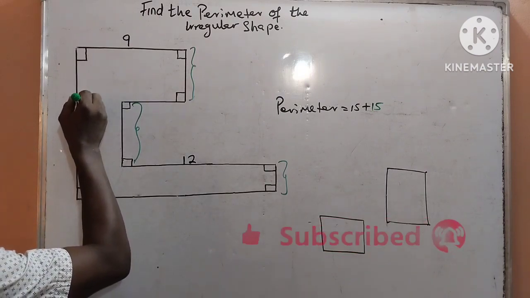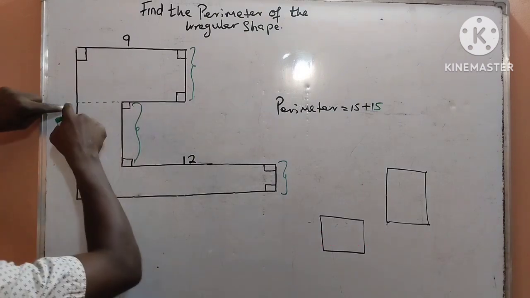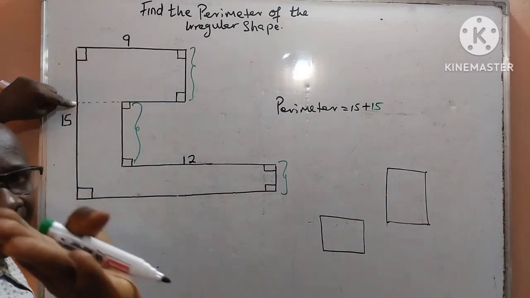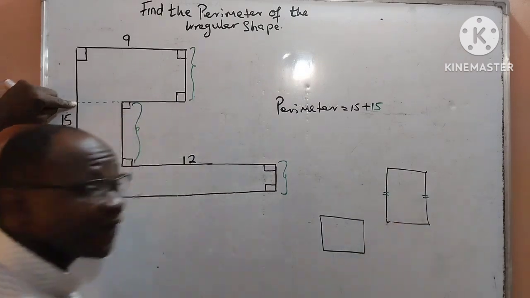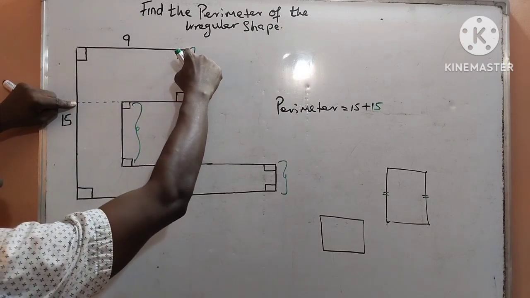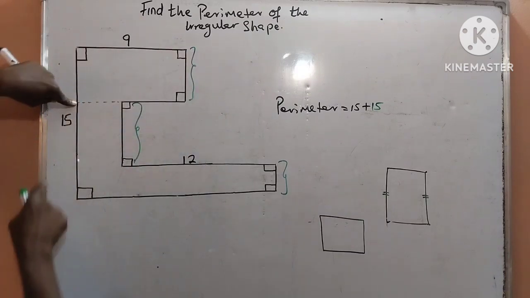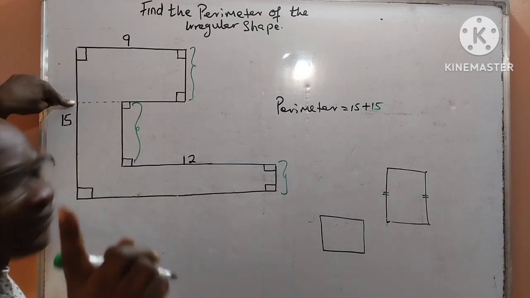If I join this line, I will have a rectangle. And we have agreed that the opposite sides of a rectangle are equal. Meaning that from this point to this place is equal to from this place where my finger is pointed to this point, which is 9.